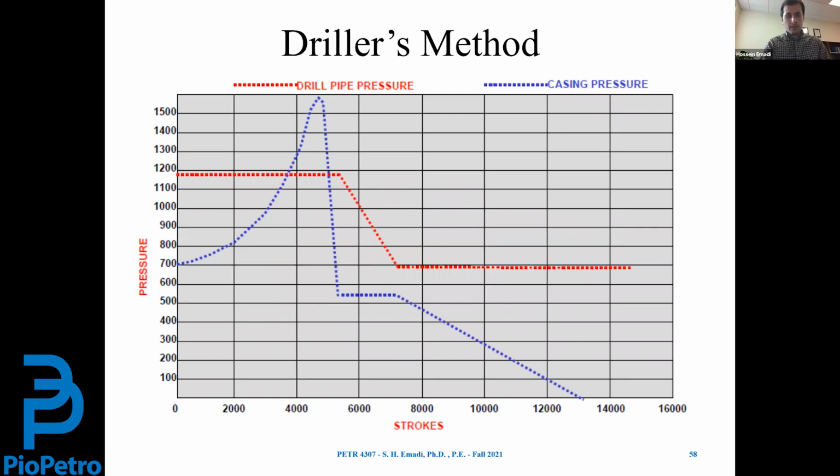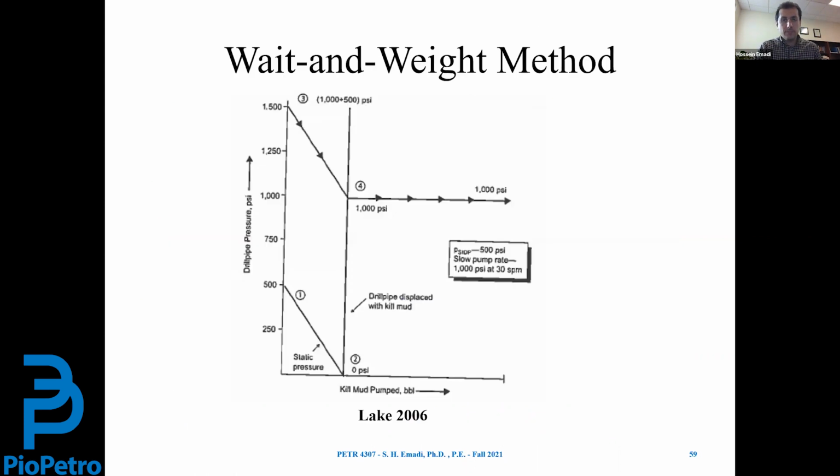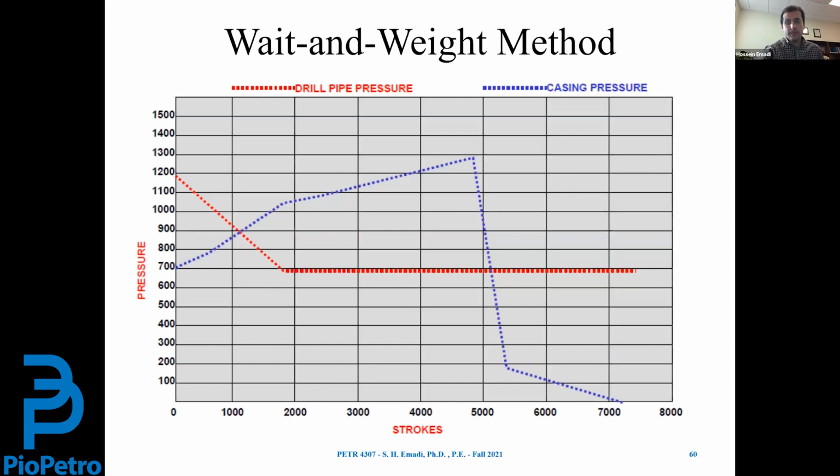As you can see here on the x-axis, we see the total number of strokes required to implement the driller's method. We need almost 13,000, 14,000 strokes. However, if we implement the wait and weight method, it goes down from 13,000, 14,000 to a little bit over 7,000, let's say 7,300. So basically, it requires one circulation, so less time to implement the method.